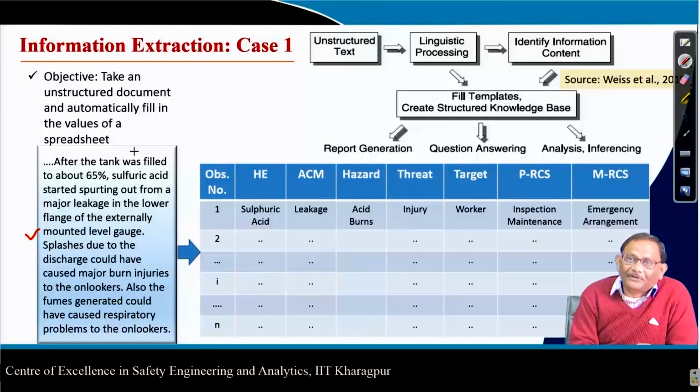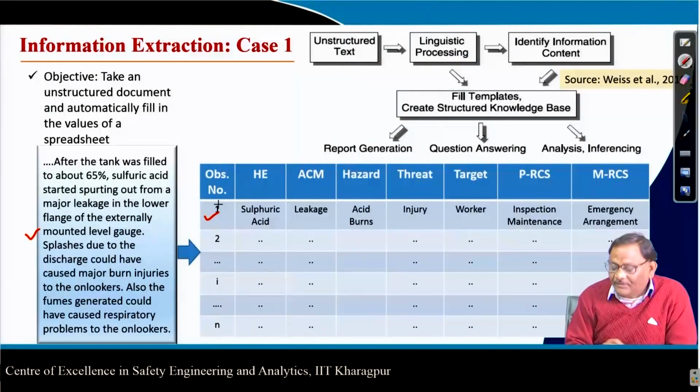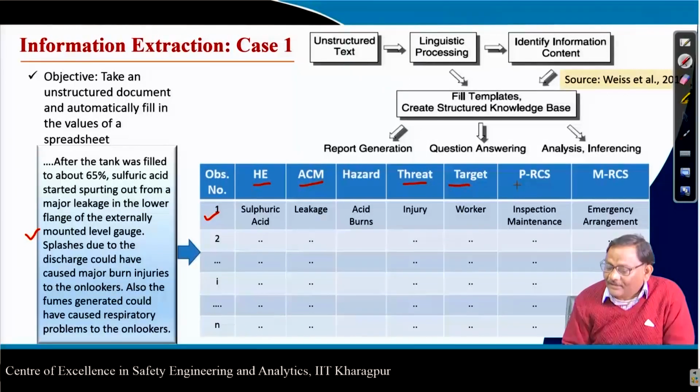You must have a program which will read it and then fill the spreadsheet, because in accident causation path we considered hazardous element, accident causing mechanism, and then threat, target, RCS, MRCS.